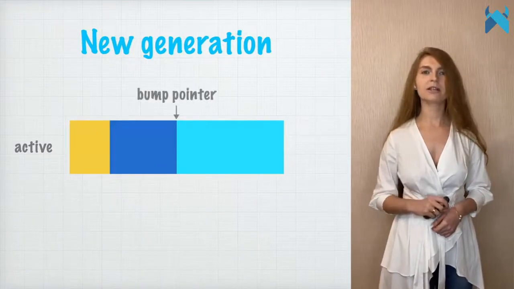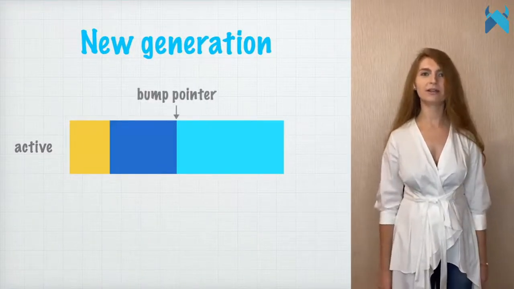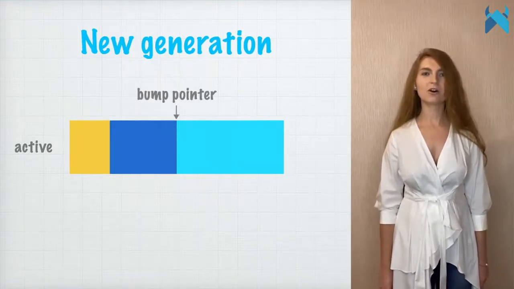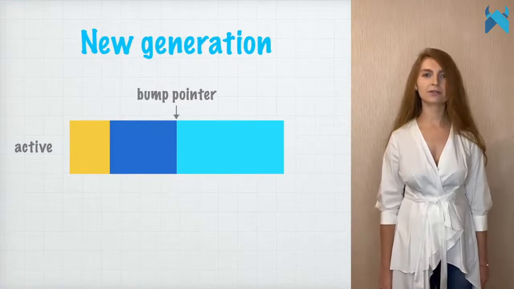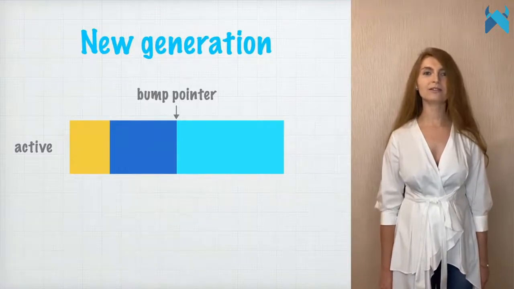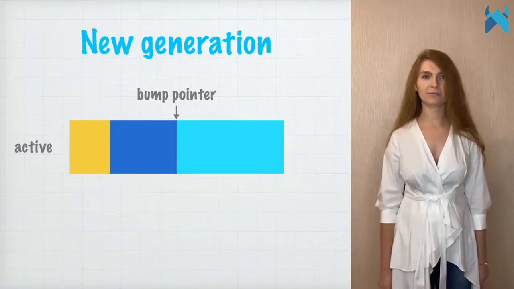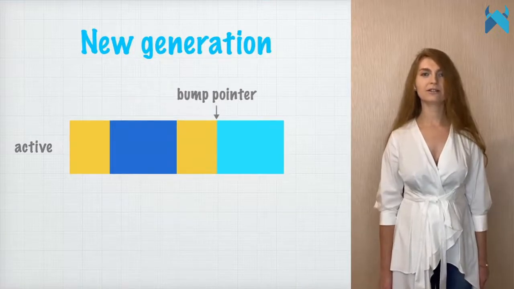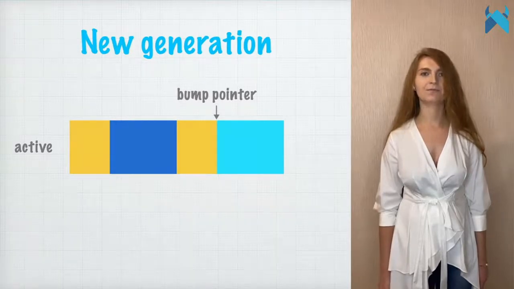New objects are allocated here in the simplest way, called bump pointer allocation. Basically, objects are located in a contiguous space in memory next to the previously allocated objects. The bump pointer points at the beginning of the available space. When the next object is written, the bump pointer is incremented to point to a space immediately after that object.